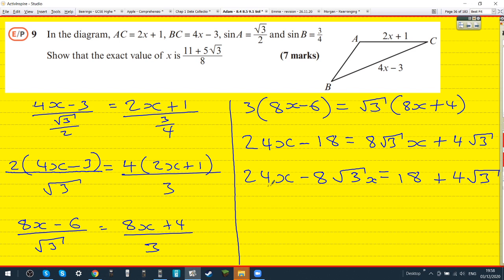Okay, so we have two x terms. How do we get just one x term? Can we work out what minus 8 root 3 is? You can, but you won't like it. Factorize x out.